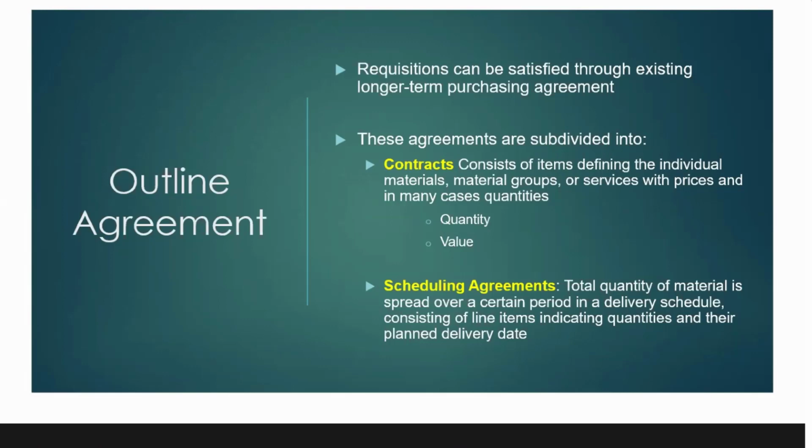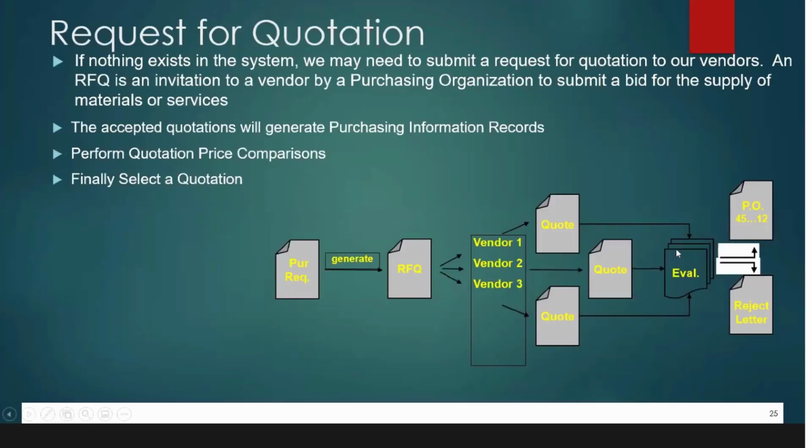Every end of the month they deliver 100 computers. Here we are not discussing the price, but only the quantity that they will deliver on a certain date. You can say every end of the month they will deliver these quantities. Is it clear what an outline agreement is?